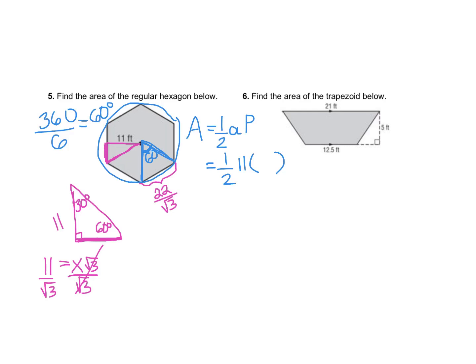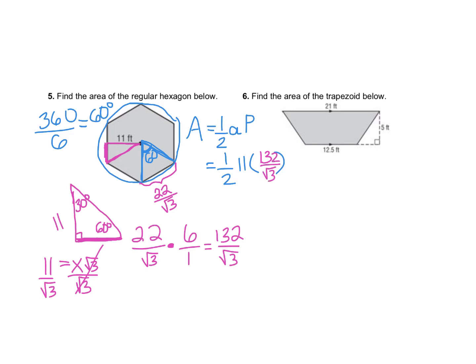Now because we have a hexagon and we're solving for the perimeter, we want to multiply that by 6. Alright, so what do we get when we multiply by 6? 132 divided by the square root of 3.